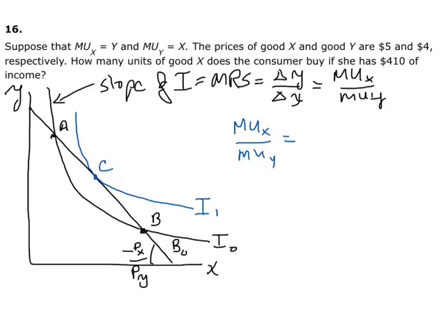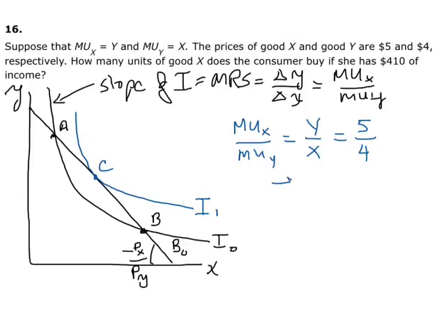That's going to equal y over x. And we also know that at optimality, that's going to equal Px over Py, which is 5/4. So that's one relationship between y and x.